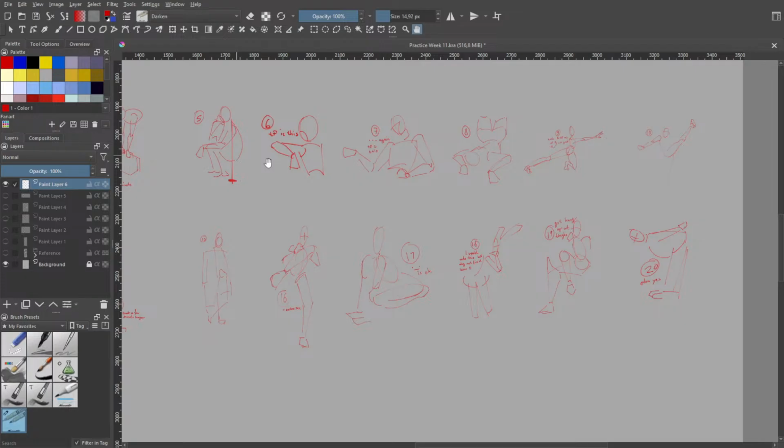So 1-minute gesture, and then into 1-minute corrections, or correcting of previous gestures. So for all of the images that I've tried to draw.